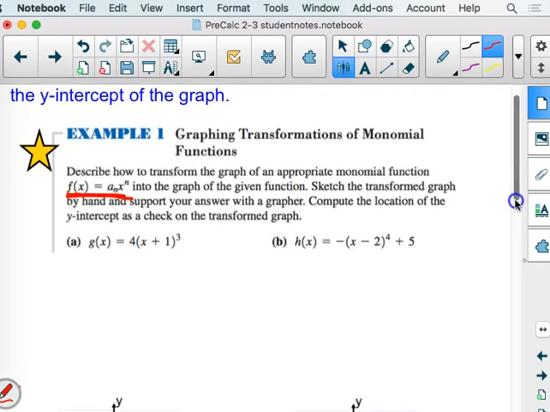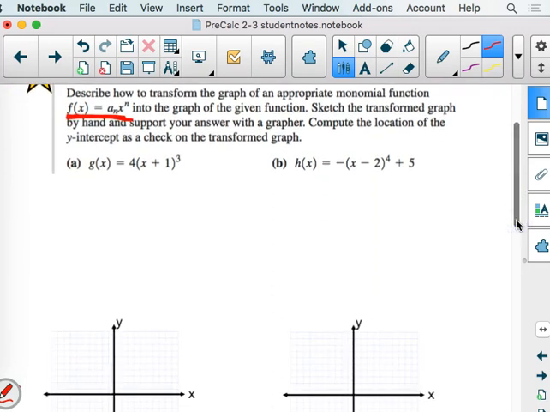So, we'll get started. First things first, looking at this and trying to figure out, okay, what is this particular graph? And I see x cubed. That's my parent. The parent, y equals x cubed. And I just want to talk about what the numbers, what the negatives or positives are doing to change this graph.